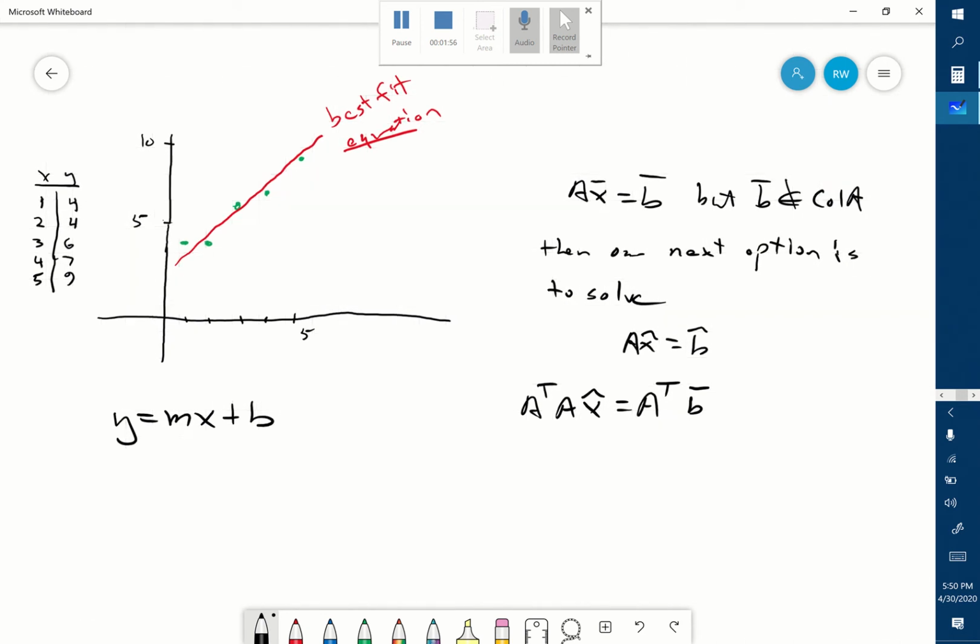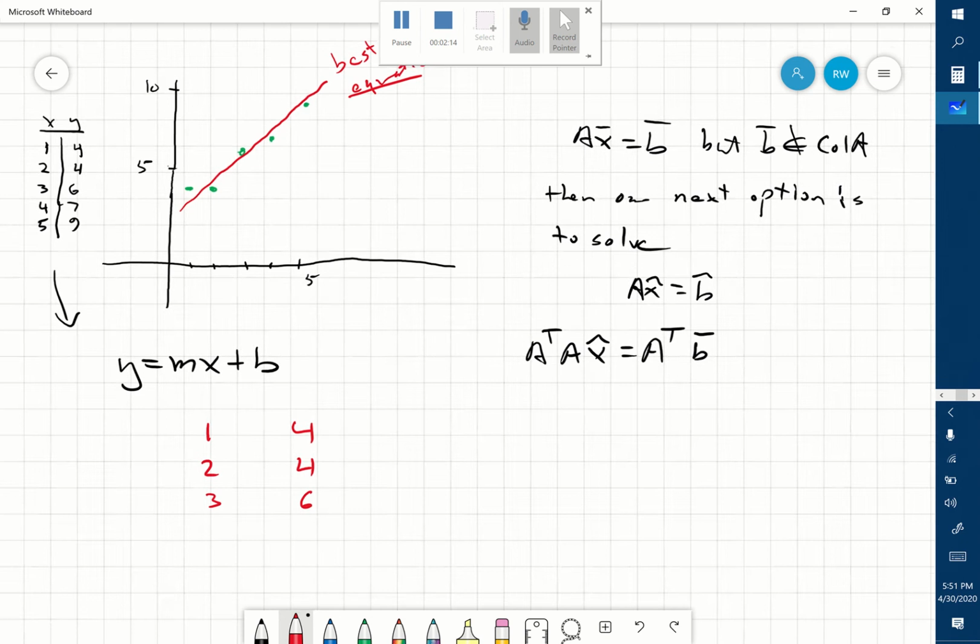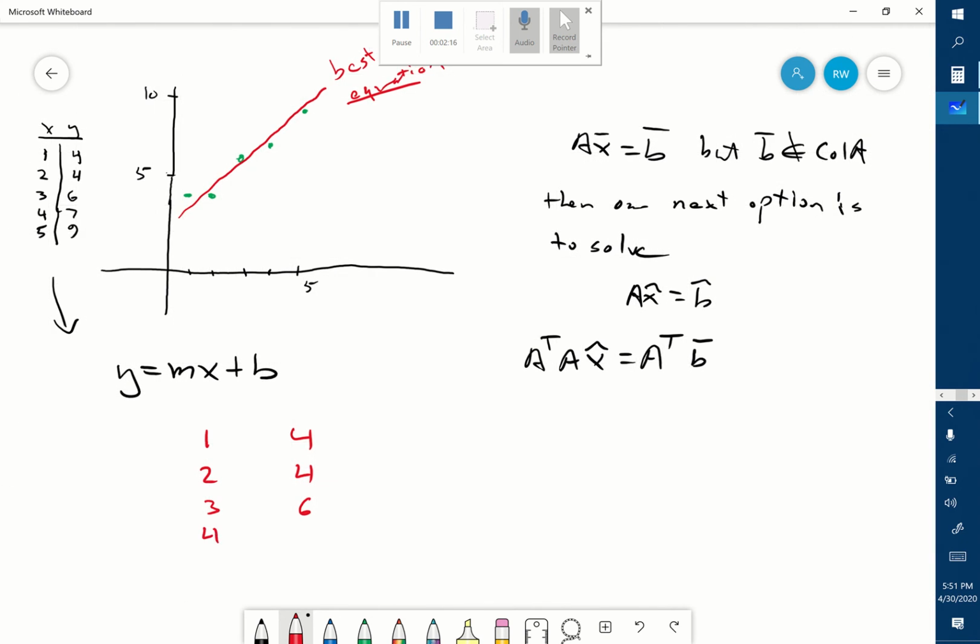So it has to fit every piece of the data. If I go one by one, when I plug in a 1, I should get a 4. When I plug in a 2, also 4. When I plug in 3, I get a 6, according to the data. When I plug in a 4, a 7, and 5, you should get a 9.